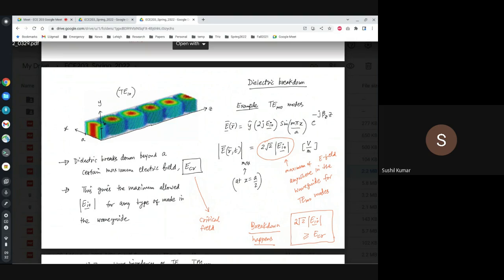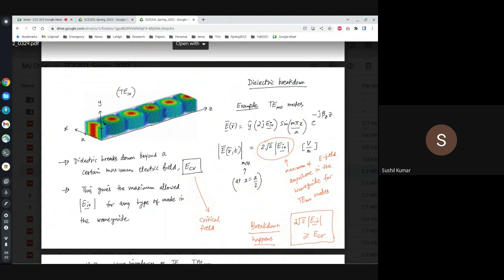This will be my TE10. This will be TE20. But since I am plotting magnitude, I should have done it a little differently. It will look like this, right?